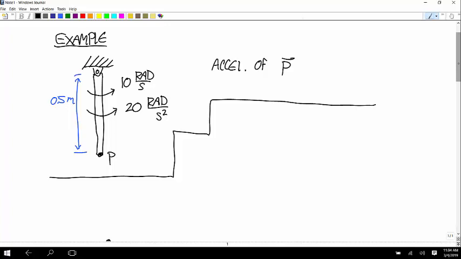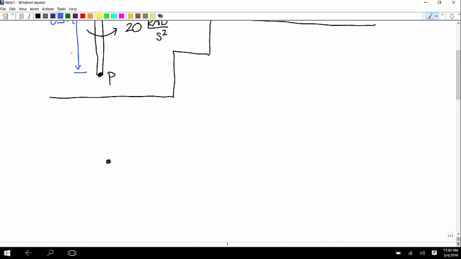Okay, so let's think about this the way we think about it in lab. So here's the path that the particle moves through. It's part of a circle. And the thing's going this way. So at that instant, the velocity vector is like this, tangent to the path.